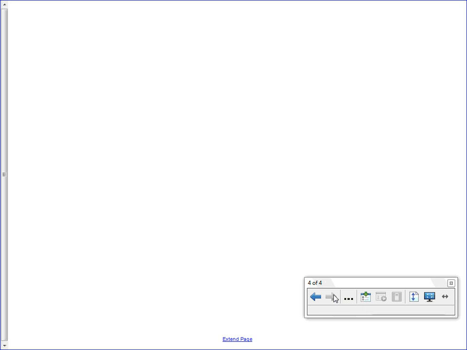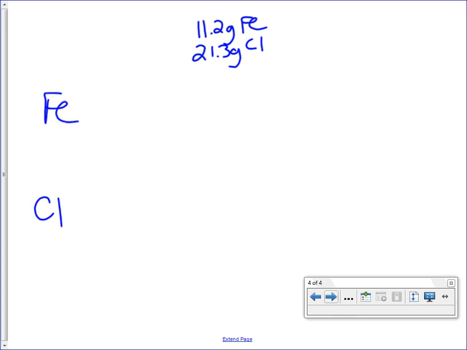If I have 11.2 grams of iron and 21.3 grams of chlorine, I need to figure out what the empirical formula is. If you're given percents, you assume a 100-gram sample and just change the percent signs into grams. I'm going to figure out how many moles of iron and how many moles of chlorine I have first.